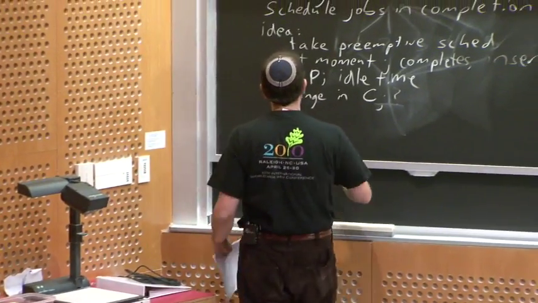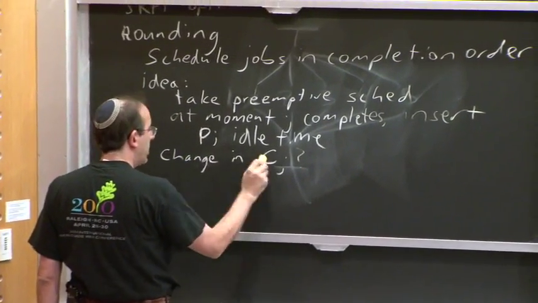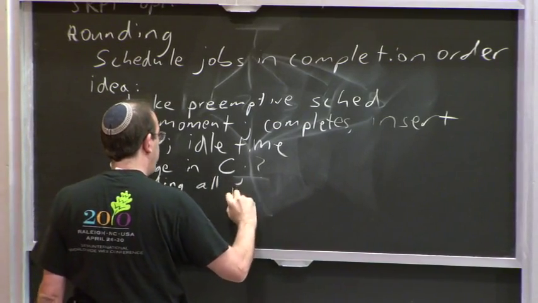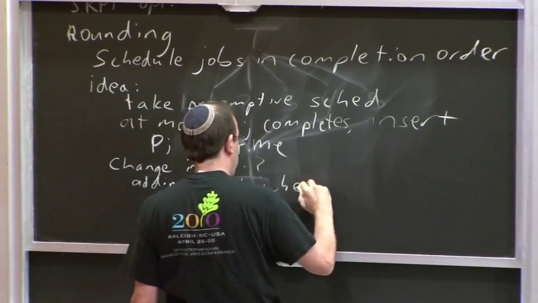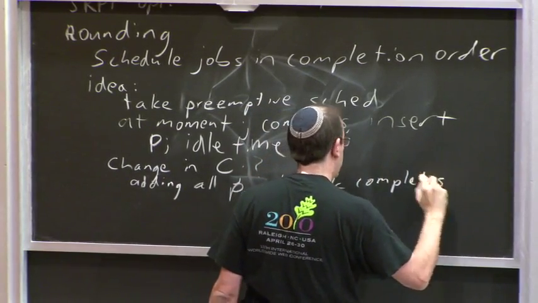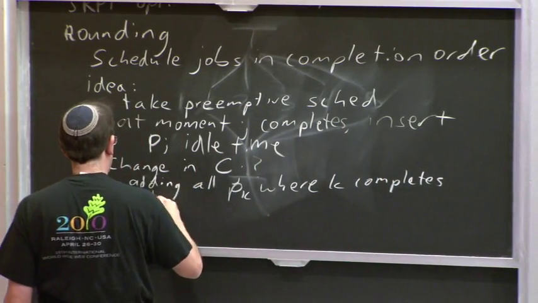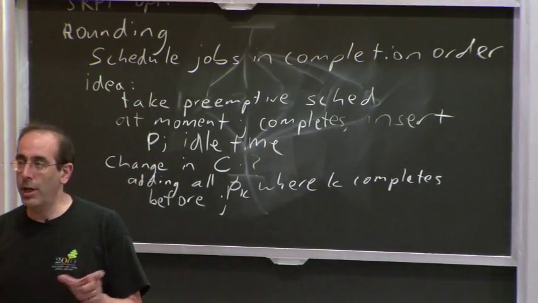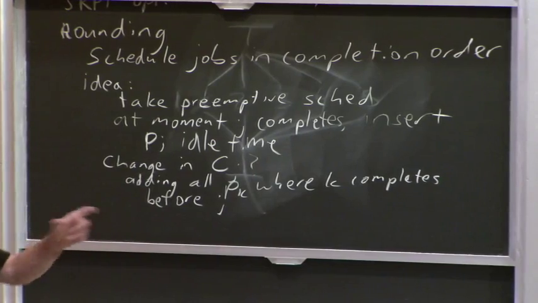So what I'm going to be doing to CJ is adding all of the PK where K completes before J.